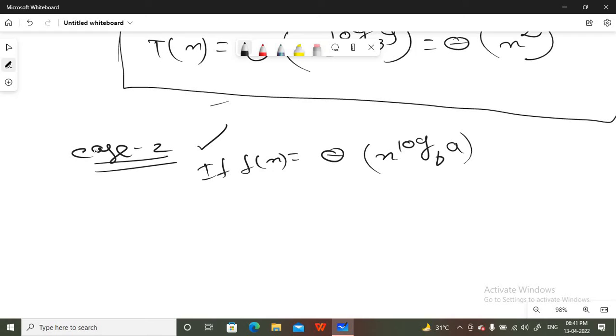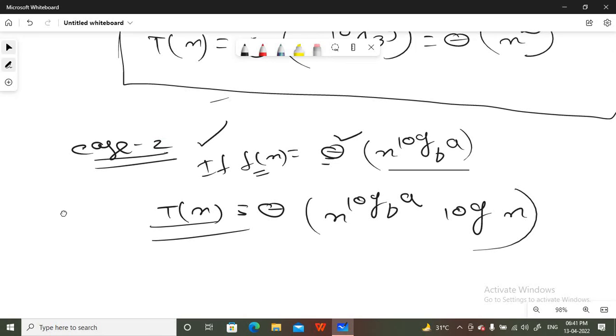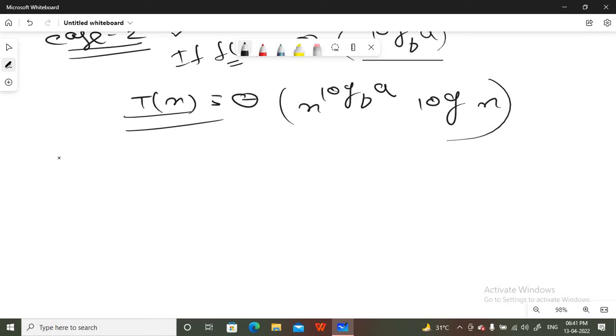The case 2 says that if f of n equals theta of n to the power log base b of a, where the first one was big O and this is theta, then the time complexity will be a little different. It will be theta of n to the power log base b of a times log of n. This will be our time complexity at this moment.